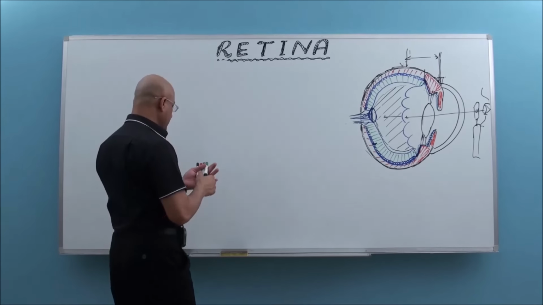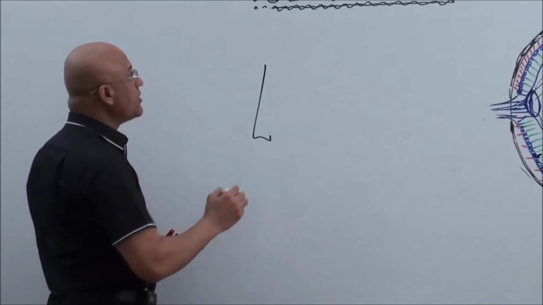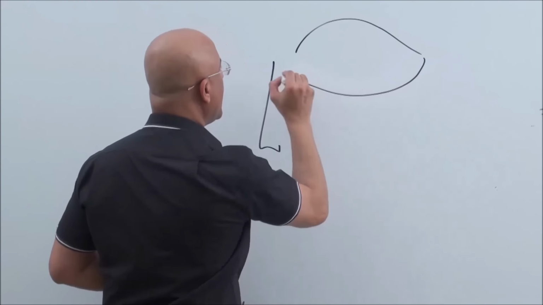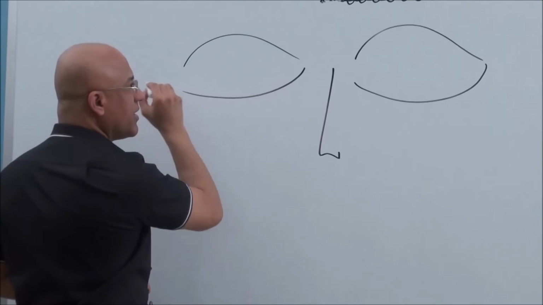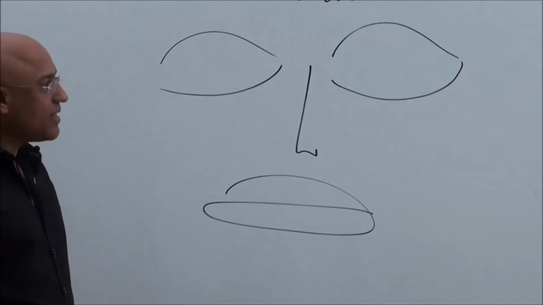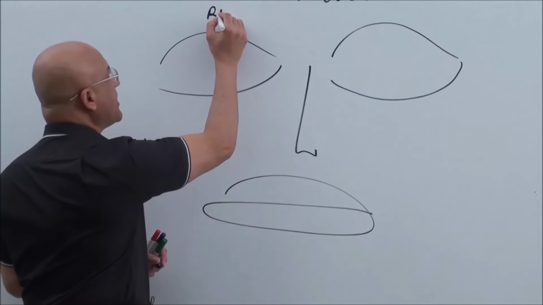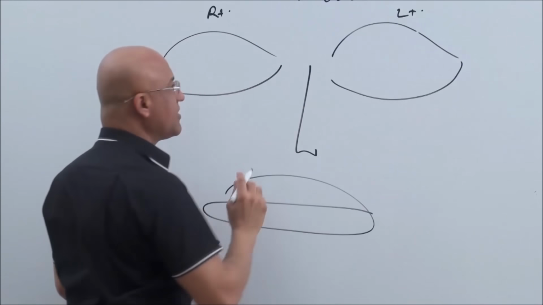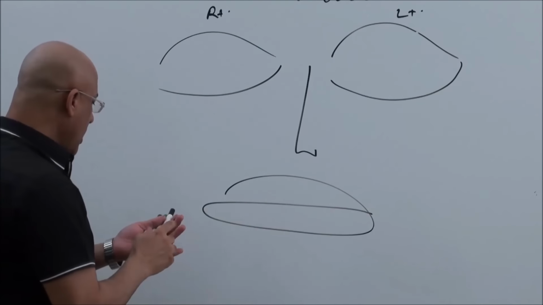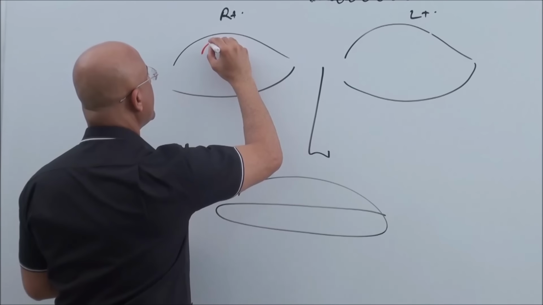Let me explain. Let's suppose here is your beautiful nose. You have one eye here and one eye here. Clear? Now, I will make the fundus here and the fundus here. Of course, this is the right eye fundus and this is the left eye fundus. Is that right? Now, let me draw the fundus here as you are looking at it.